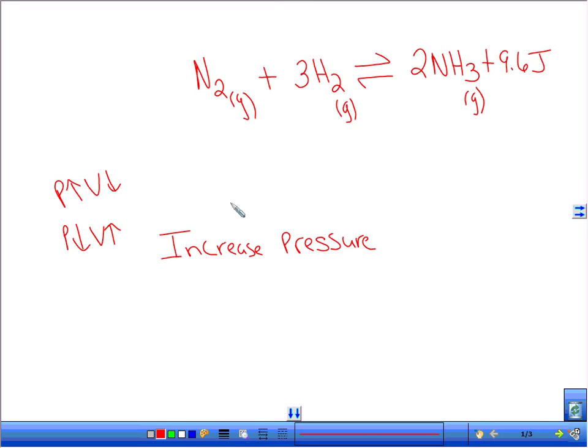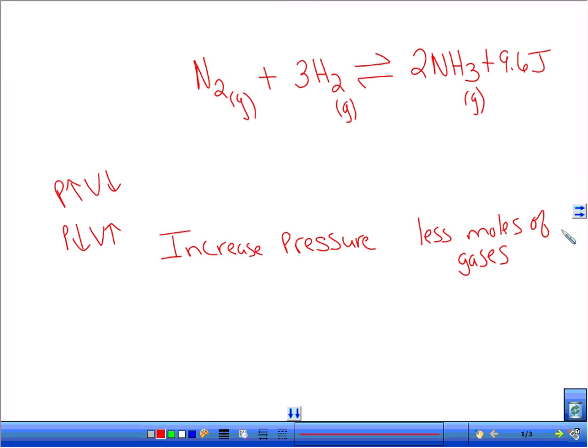So if you increase the pressure, it's going to favor the side that's going to have less moles of gases. Because the side that has less moles of gases is going to have less pressure.